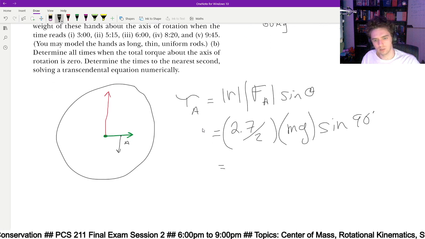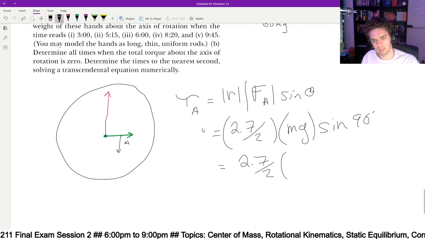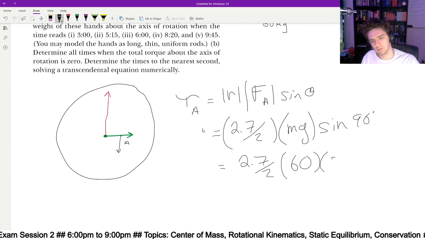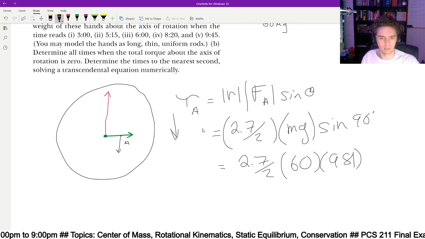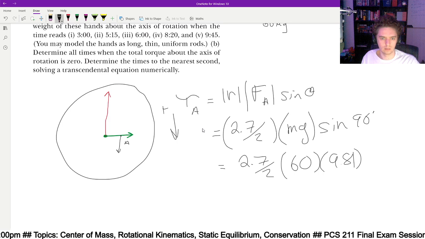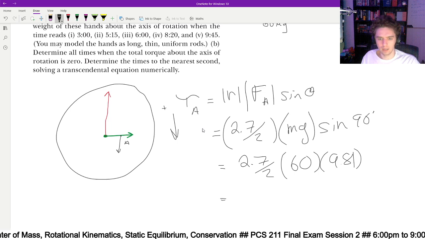Okay, and so we can just do this. It's going to be 2.7 over 2 times the mass, which is 60, times 9.81. And let's just say this is positive, it doesn't really matter, because the torque done will be the same.